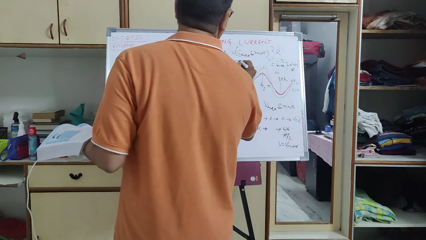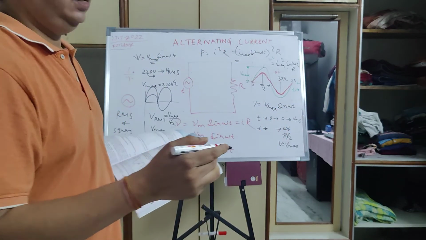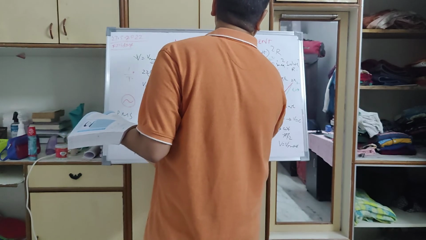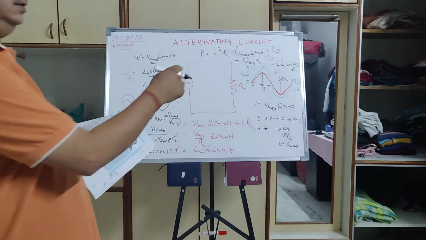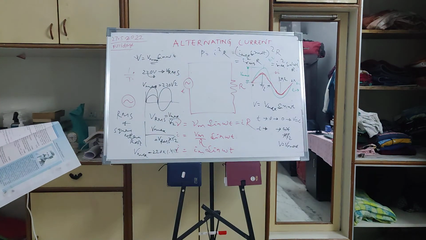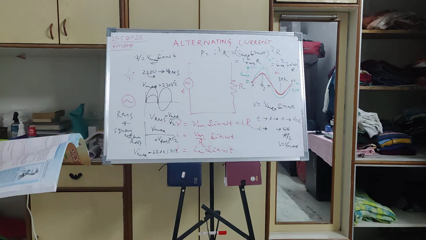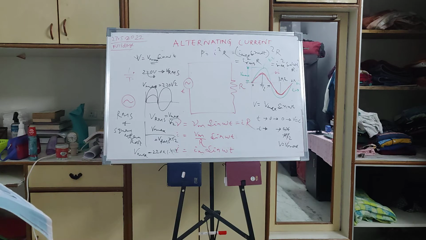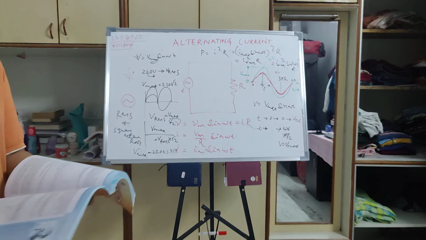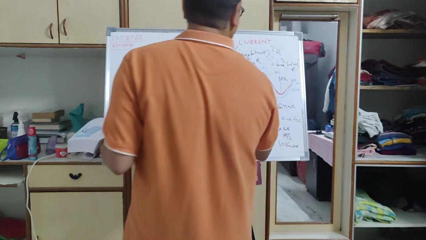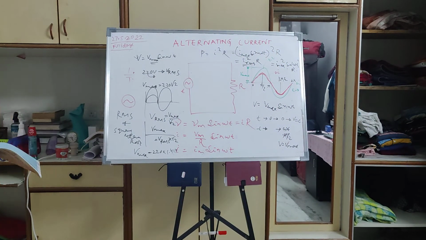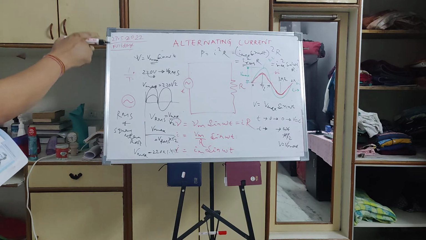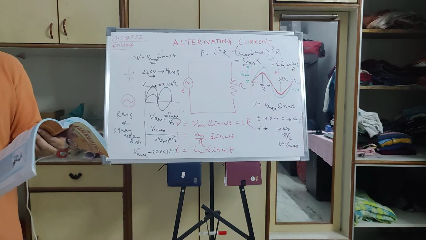If you want to equate it to DC power, you write it as I RMS square R. This I RMS is the effective current, so if you want to write AC in the form of DC, you have to bring in the RMS value.